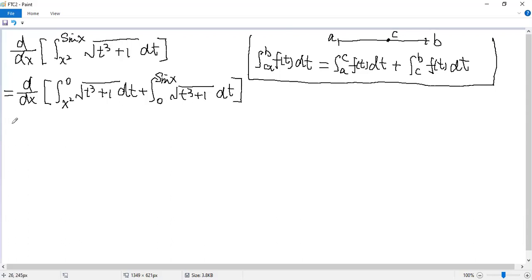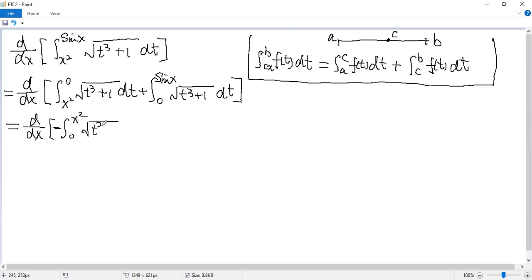Now we can take the derivative for each term. So we get the derivative for the first one. At the same time, we swap the upper limit and the lower limit. So 0 to x squared, but we need to put a negative here.